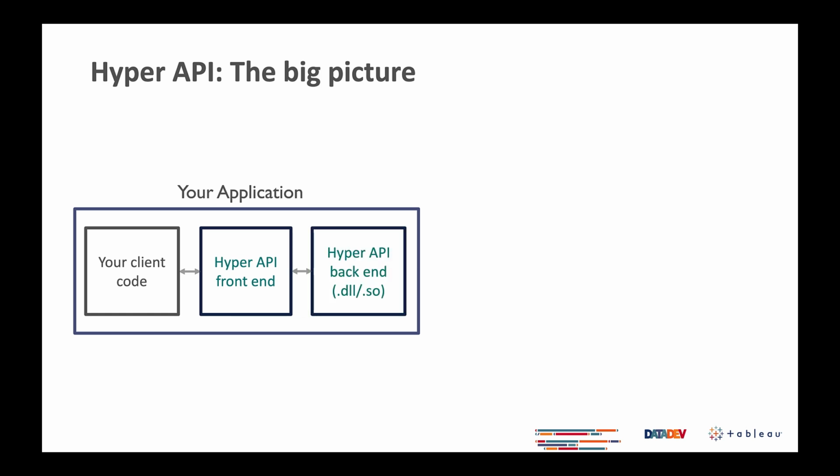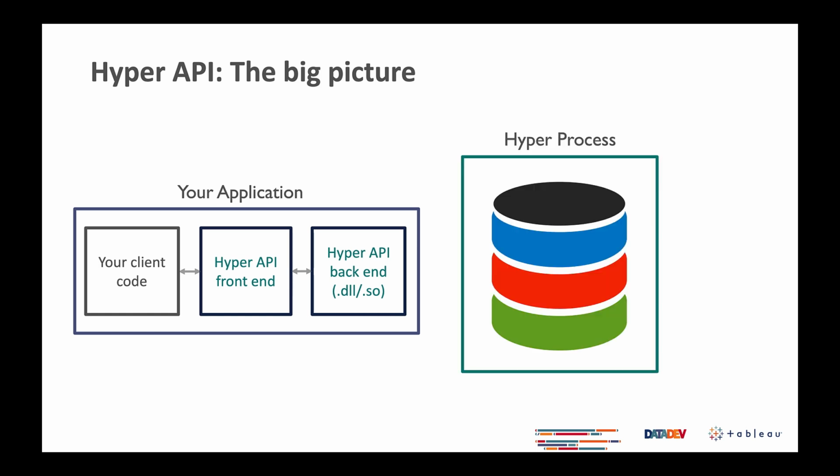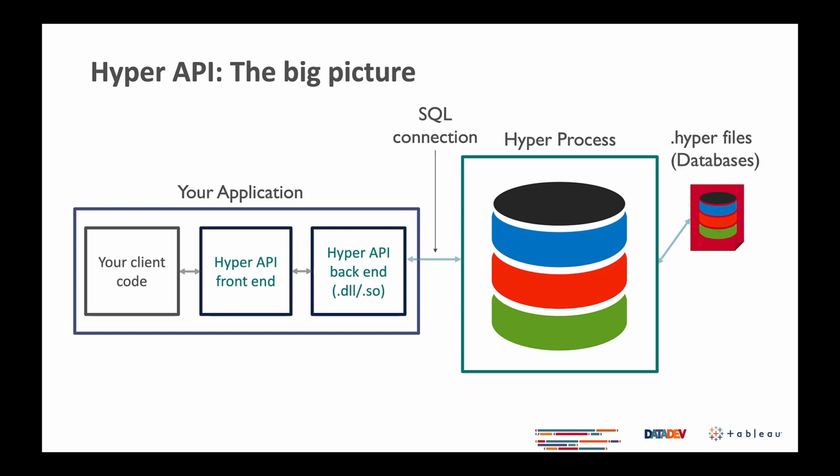You've got the back end, these DLLs. We're not going to really go into that, but it's all to say that you connect to what's called a hyper process. So this hyper process, via your application, has this SQL-based connection, and it can interact with not just one hyper file, but it could be many of these different databases, these different hyper files, to do all sorts of different tasks, individually or between them.